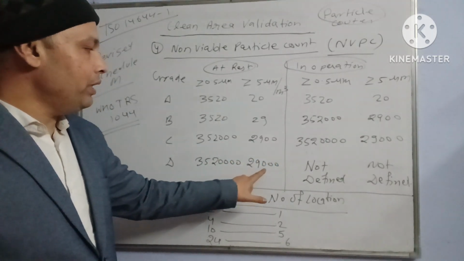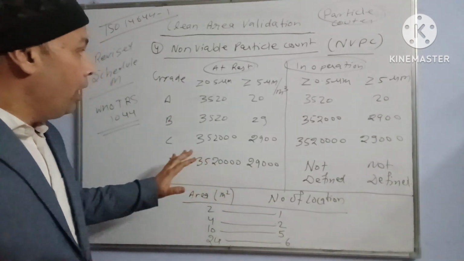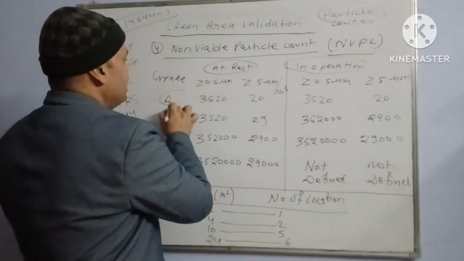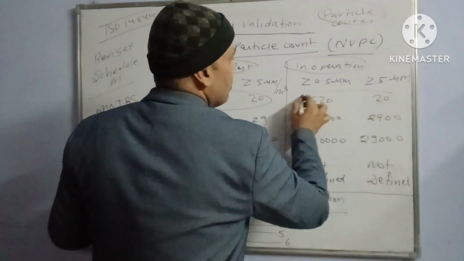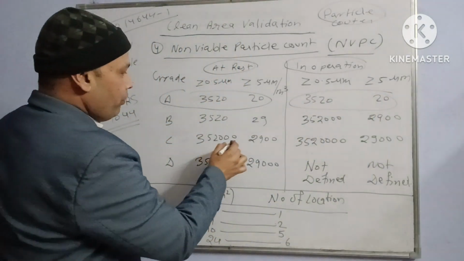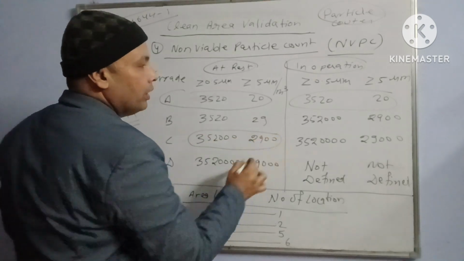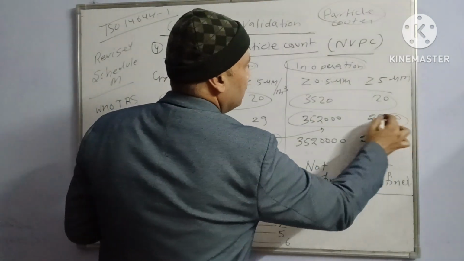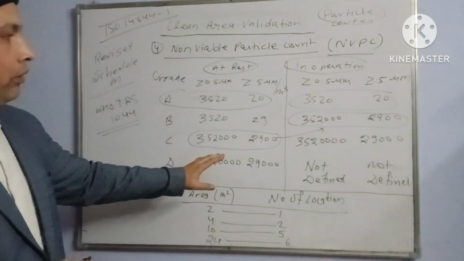352, 2900, right? Further in operation, if we check, then the grade A area is the same, you can see from here. Grade B area, the limit is the same as grade C at rest, those are here, right?